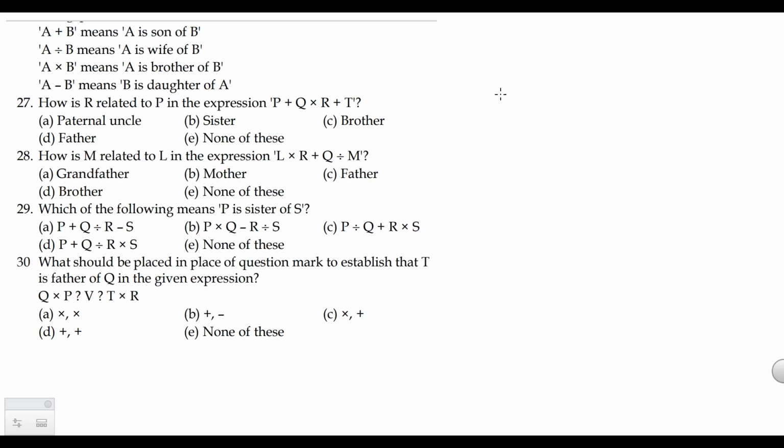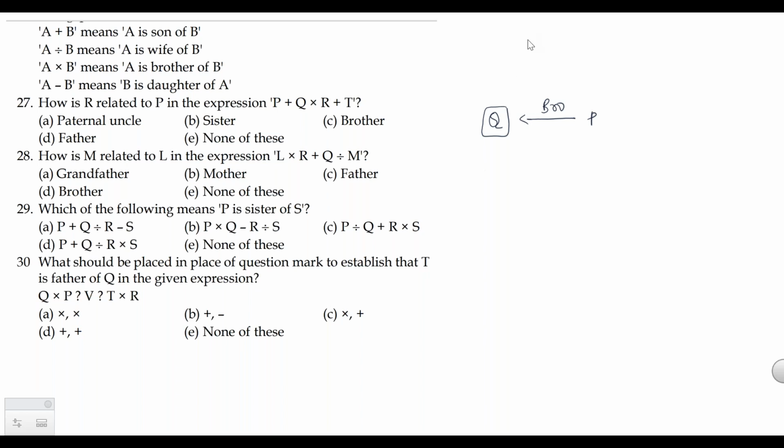So T should be father of Q. Q is the brother of P. Q into P means Q is the brother of P. Now we have to establish the relation between P, V and V, T so that T will become the father, right?